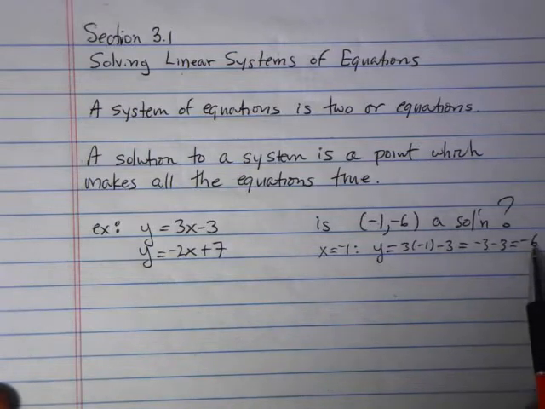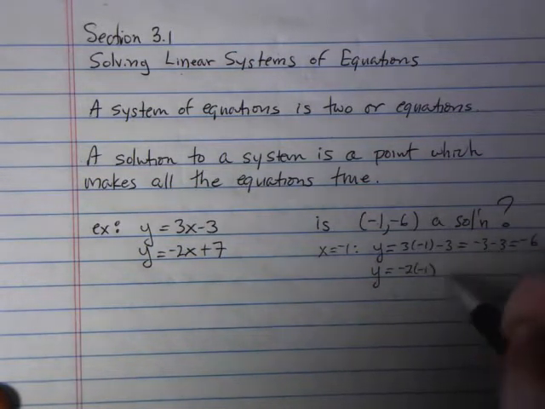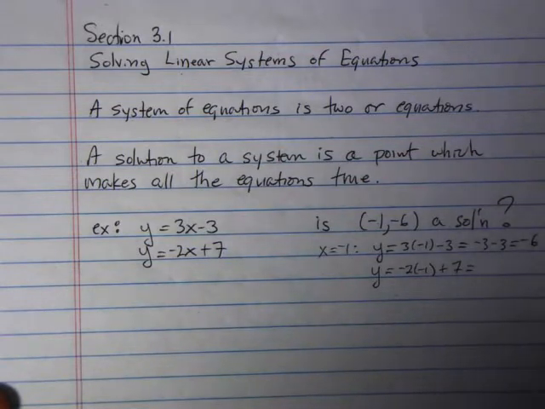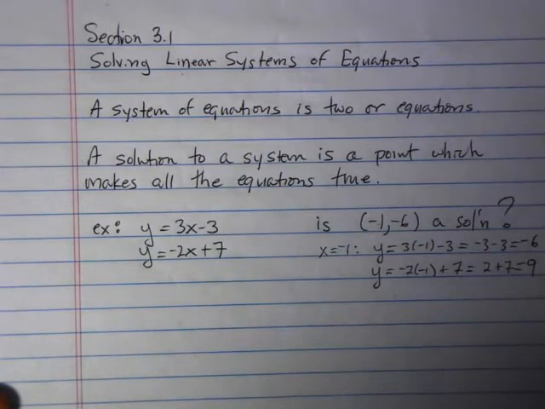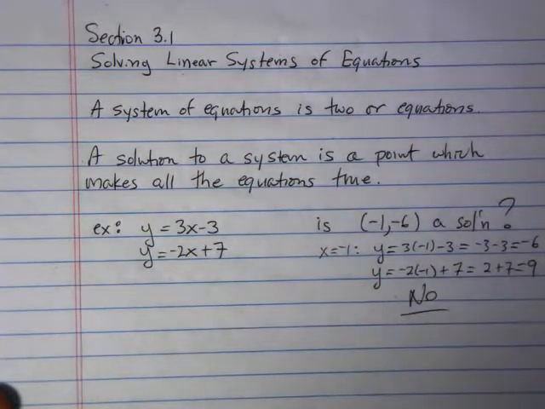However, to be a solution, it has to work in both. Just working in one isn't good enough. So now we try it in the second equation. y equals -2 times -1 plus 7. So that's 2 plus 7, which is 9. Unfortunately, it's not -6. So our answer would be no. That one didn't work.